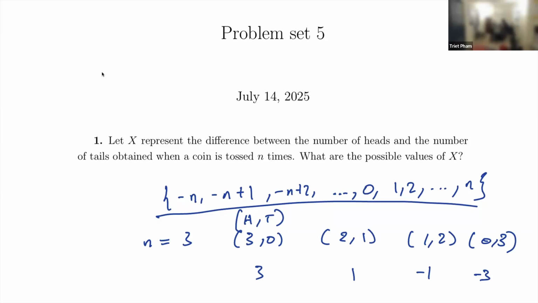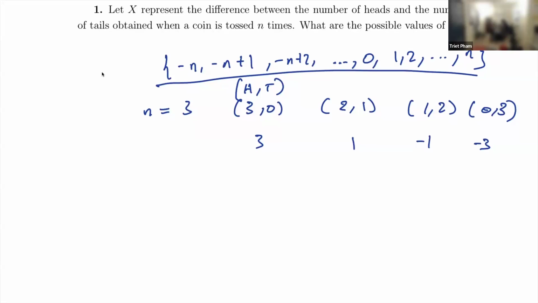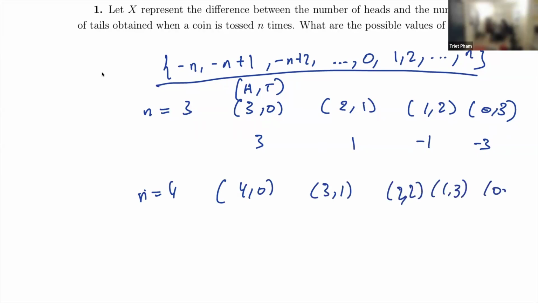Want to try again? Let's say 4. What was this? 4, 0, 3, 1, 2, 2, 1, 3, 0, 4. So 4, 2, 0, minus 2, minus 4. So what should the answer be?